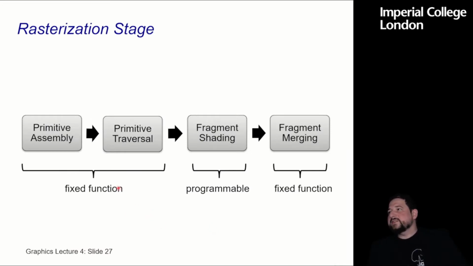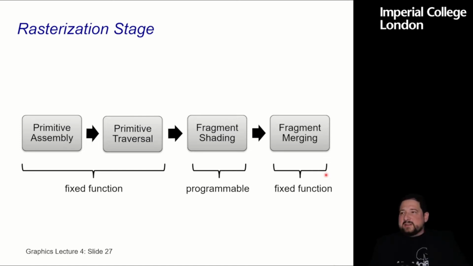So the rasterization stage, when everything is put together, all the primitives are then known and the data structures are set up, and they are all rasterized into fragments, which is again programmable, where you do fragment shaders. And then the fragment merging traditionally has been again fixed function, where you had defined what sort of blending you wanted to use for the eventually resulting fragments.